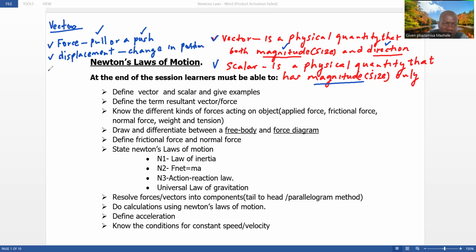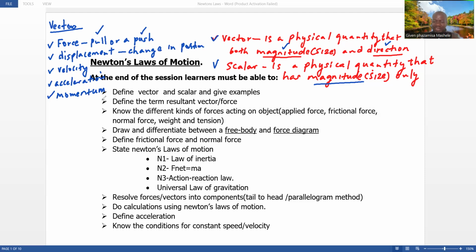Then we also have velocity. And remember, velocity and speed are not the same thing. We'll talk about this. We also have acceleration. These are examples of vectors. We also have momentum, the product of mass and velocity of an object. It's also a vector.